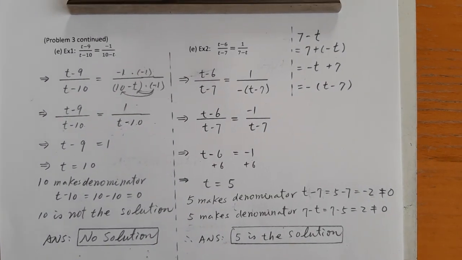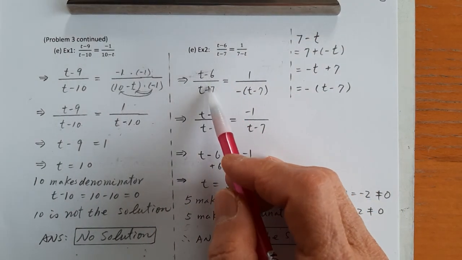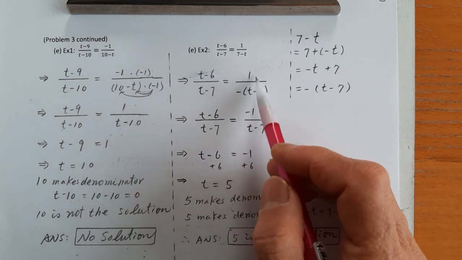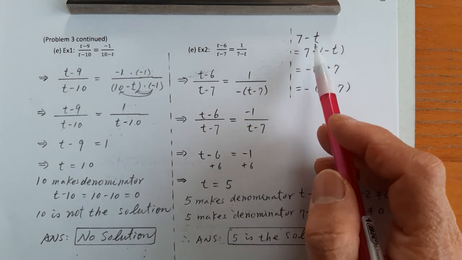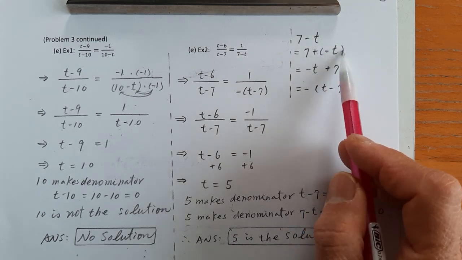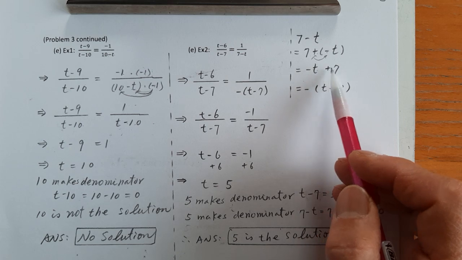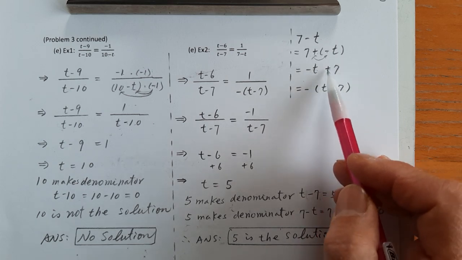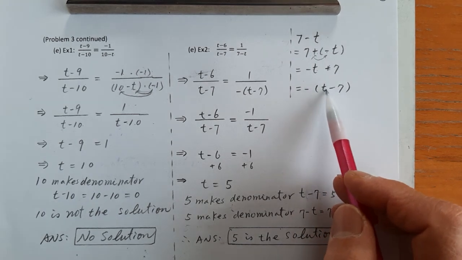Example 2 also. t minus 6 over t minus 7 equals 1 over 7 minus t. 7 minus t is 7 plus negative t. By the commutative property, we get negative t plus 7, and putting the parentheses, plus changes to minus. So 7 minus t equals negative t minus 7.